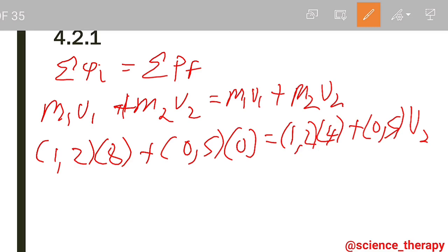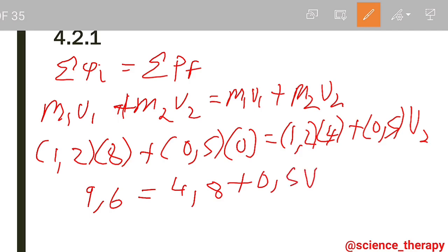Now we have 1.2 times 8, which gives us 9.6. Then 0.5 times 0 is 0. Then 1.2 times 4 gives 4.8. Then plus 0.5 v2. So at this point, what are we supposed to do?